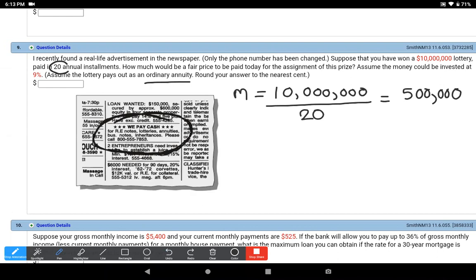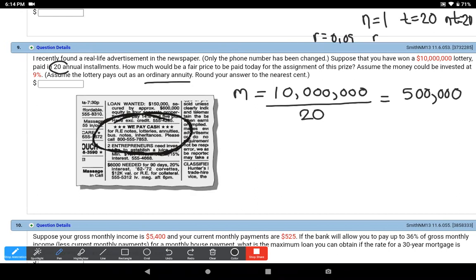So let's gather our components, right? N is 1. N equals 1 because it's yearly. T equals 20. So NT also equals 20, right? And then we have R, which is 9%.